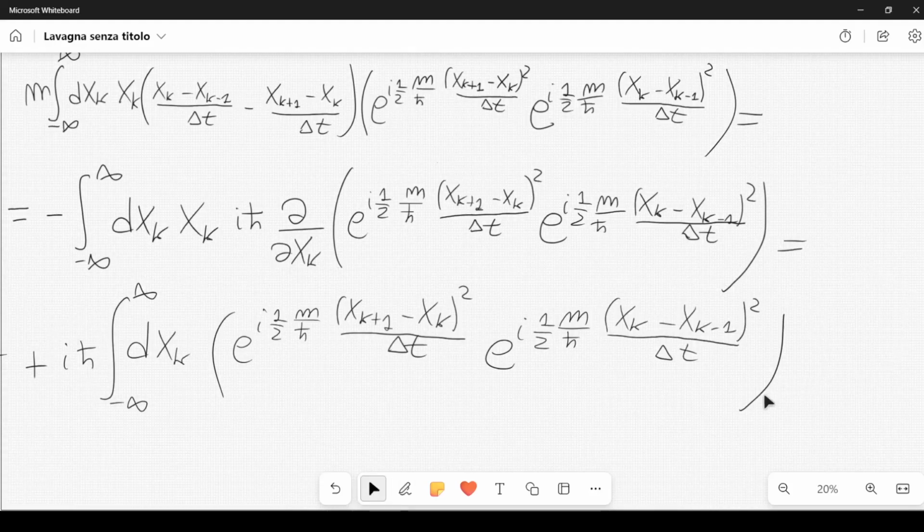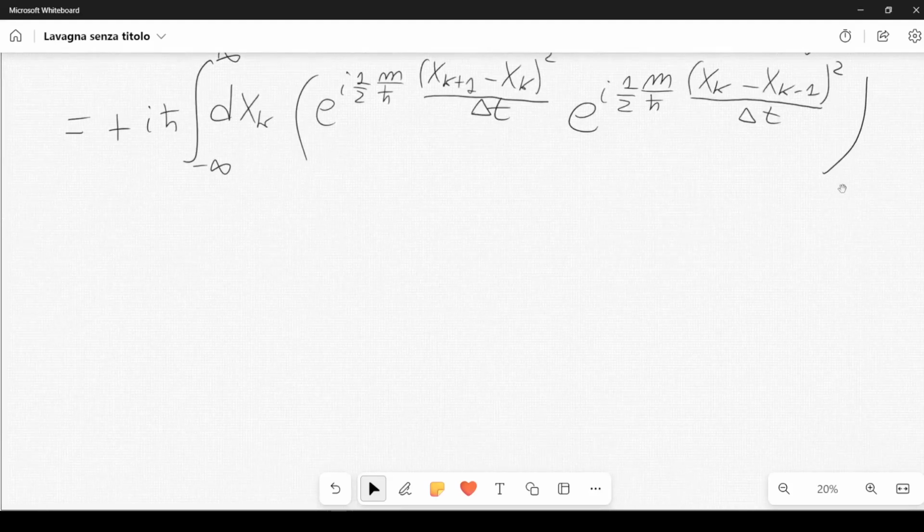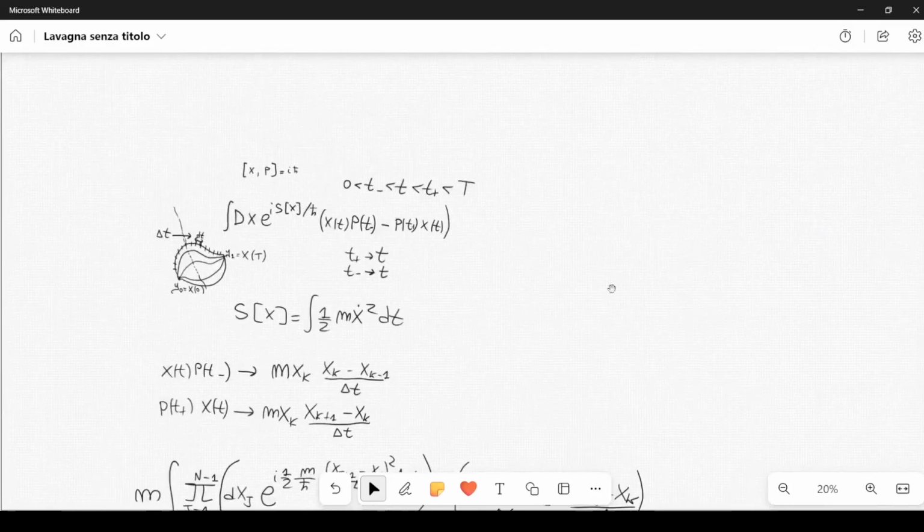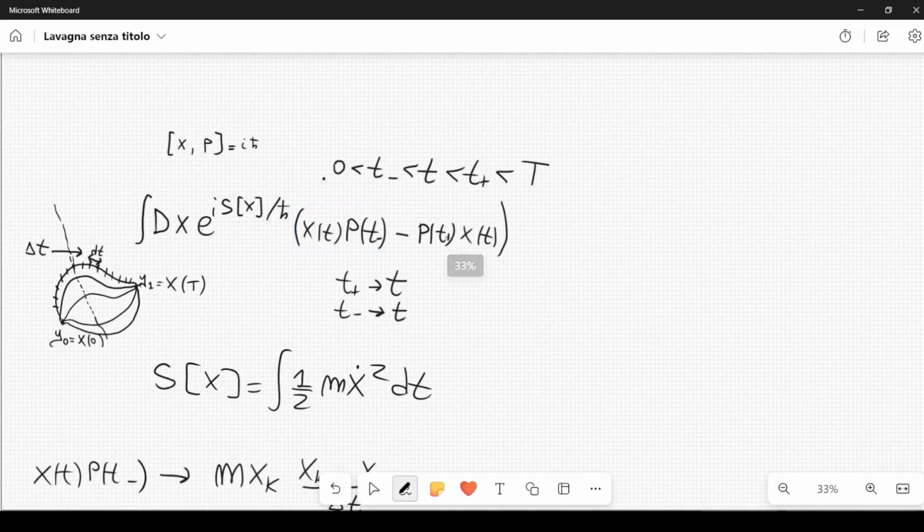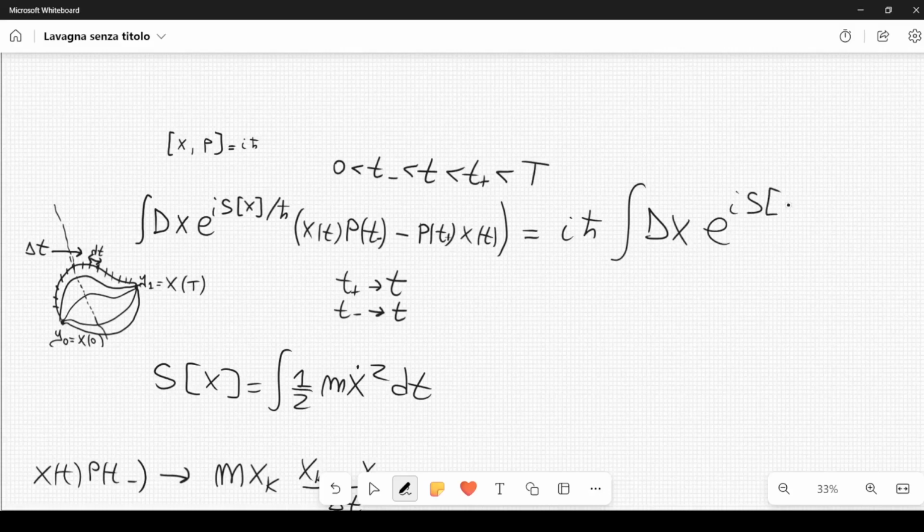And if we put these results together, what we get is the following. So maybe I can go back here, and we have found that this is equal to i times h bar times the integral dx e to the i S of x divided by h bar, like this.